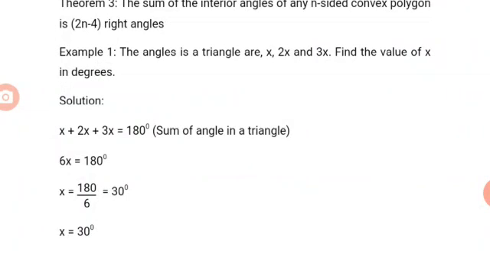And the third angle will be 3 times 30 degrees, making 90 degrees. When we add 30 degrees to 60 degrees, it will give us 90 degrees. When we add 90 degrees to 90 degrees, it will give us 180 degrees. Are we together? So inshallah, that is how to solve this type of problem.